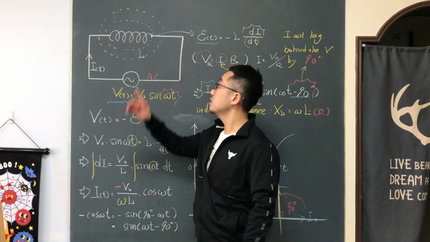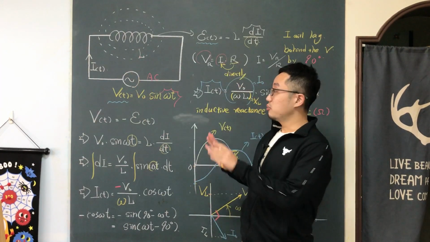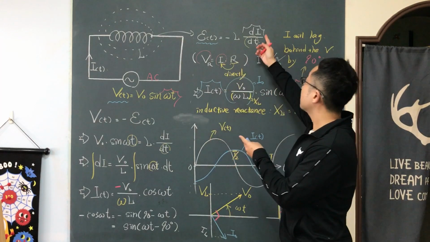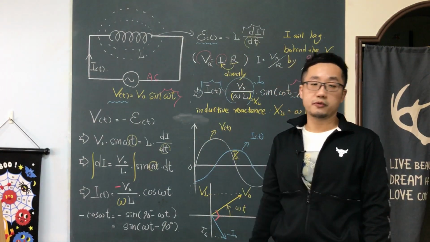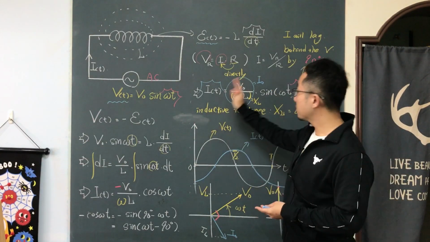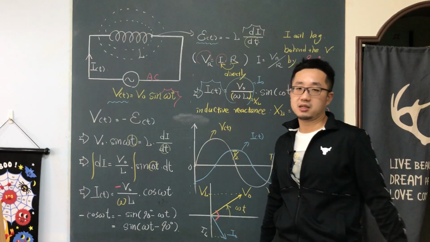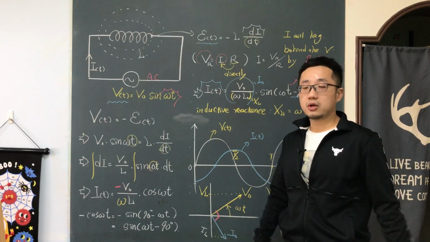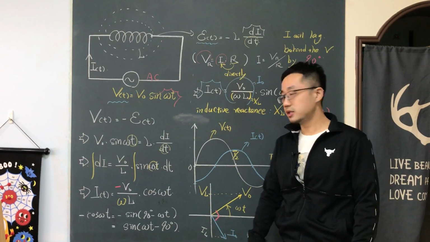But the coil of wire, due to its nature, cannot oppose the current directly. It opposes the change of the current, the rate of change of current with respect to time. That is why the current I lags behind the voltage by 90 degrees.